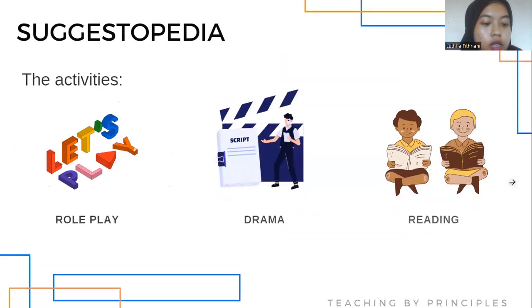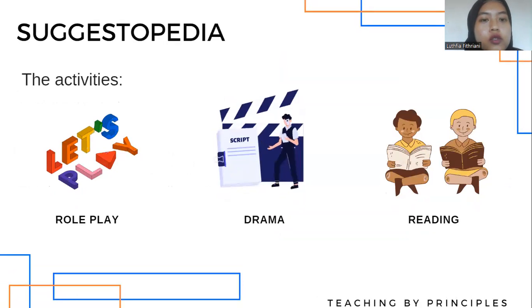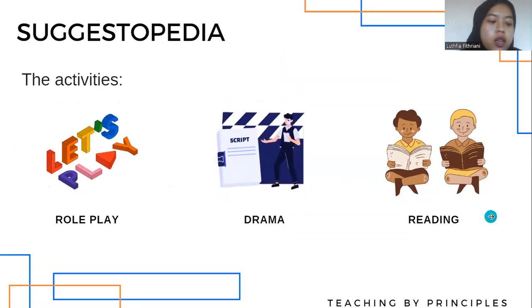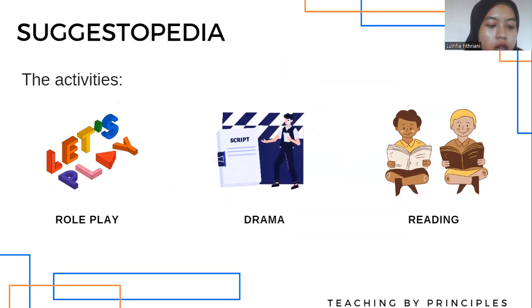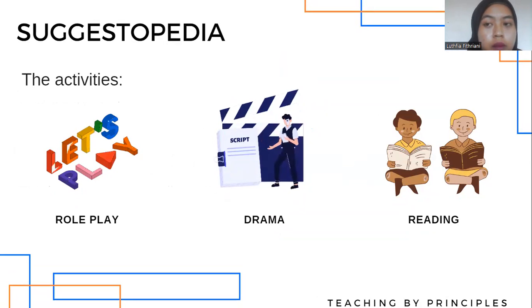The learning activities that could be applied in Suggestopedia are role play, drama, and reading. It is important for the teacher to apply these activities by using soft, fun, and comfortable seats, and it can be accompanied by soft music.